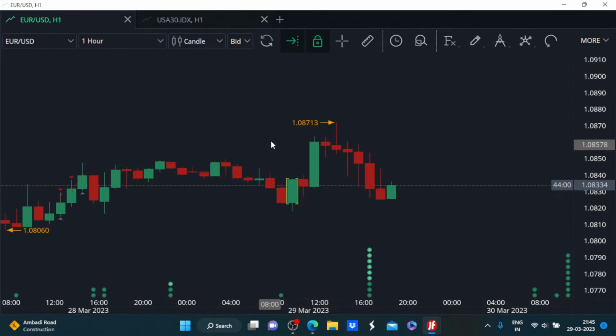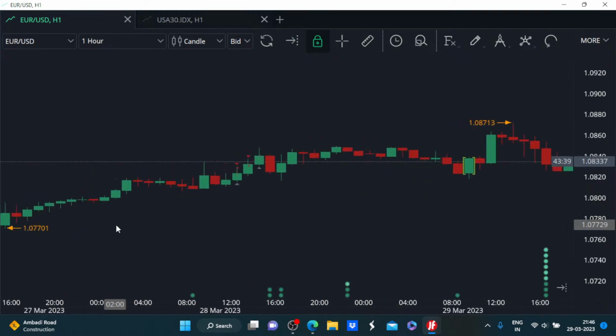That is the whole purpose: to figure out opportunities where the probability of getting the trade right is higher than the probability of being wrong. So this was one such instance, a thrust outside bar with a bullish reversal.